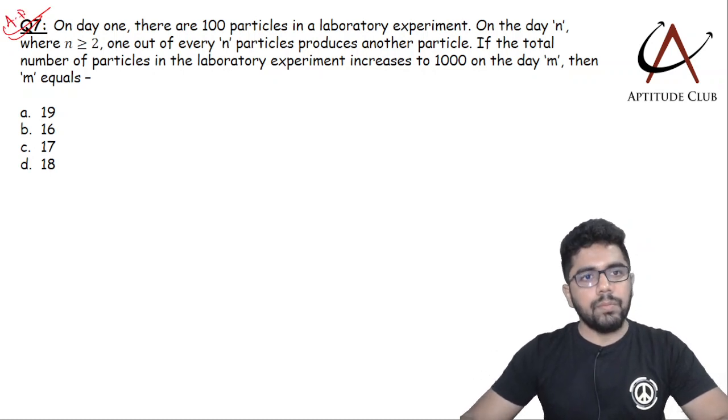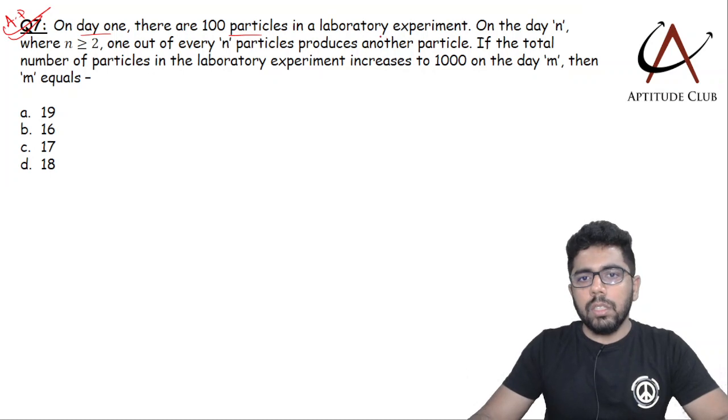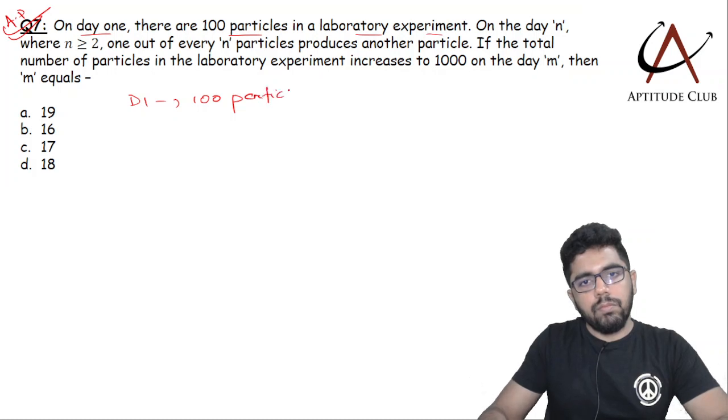Arithmetic progression. It is saying on day 1 there are 100 particles in a laboratory experiment. So day 1 you have 100 particles. Now there's a principle in which the addition is taking place.